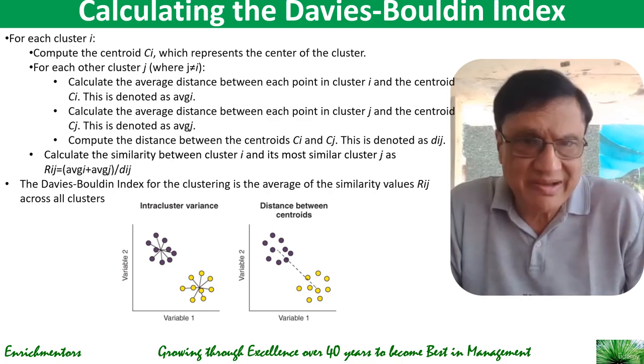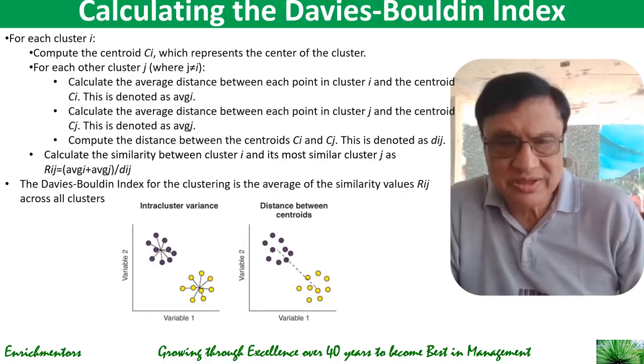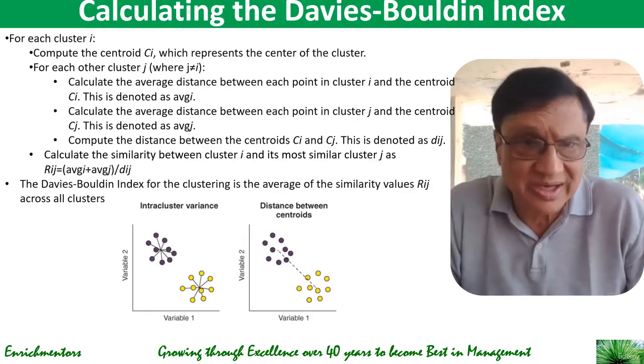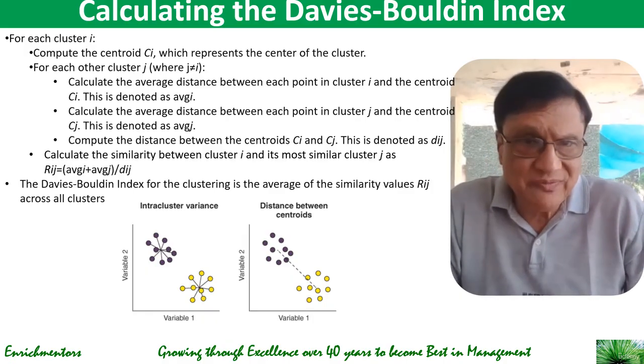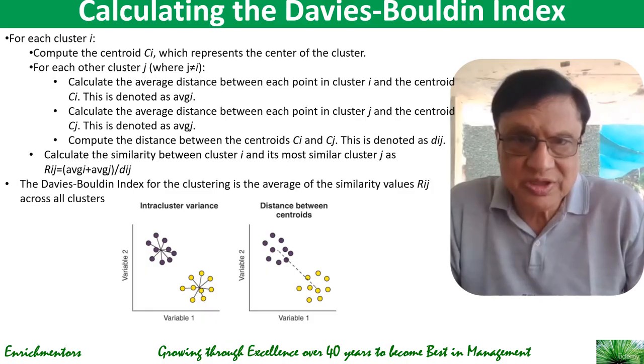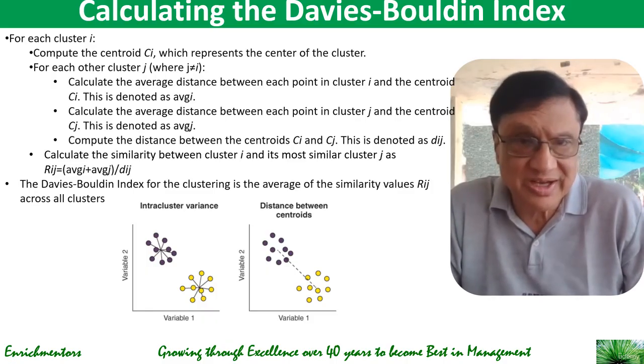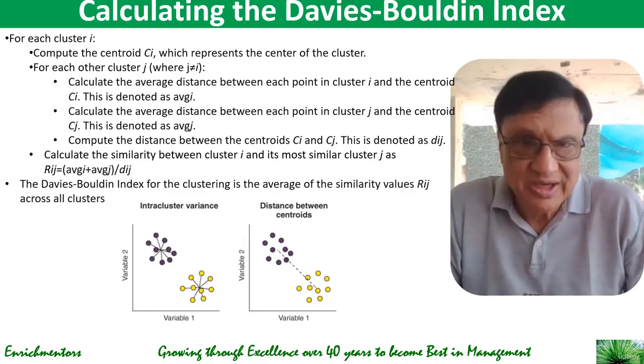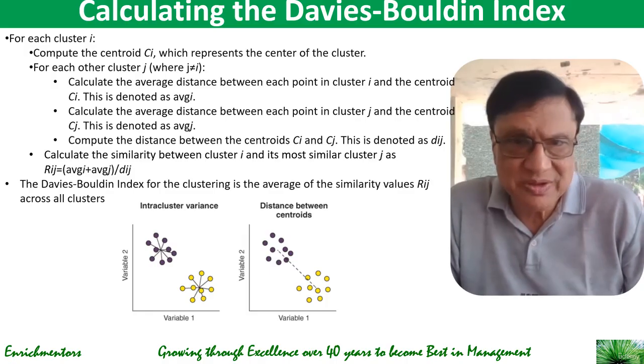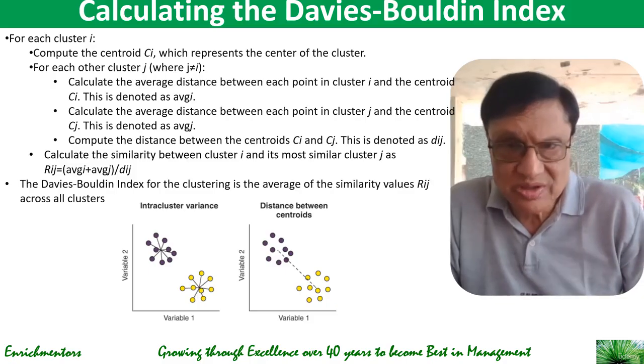Similarly, you calculate the average distance between each point in cluster j and the centroid Cj, denoted as average j. And then you calculate the distance between centroid Ci and Cj, and that is called Dij.